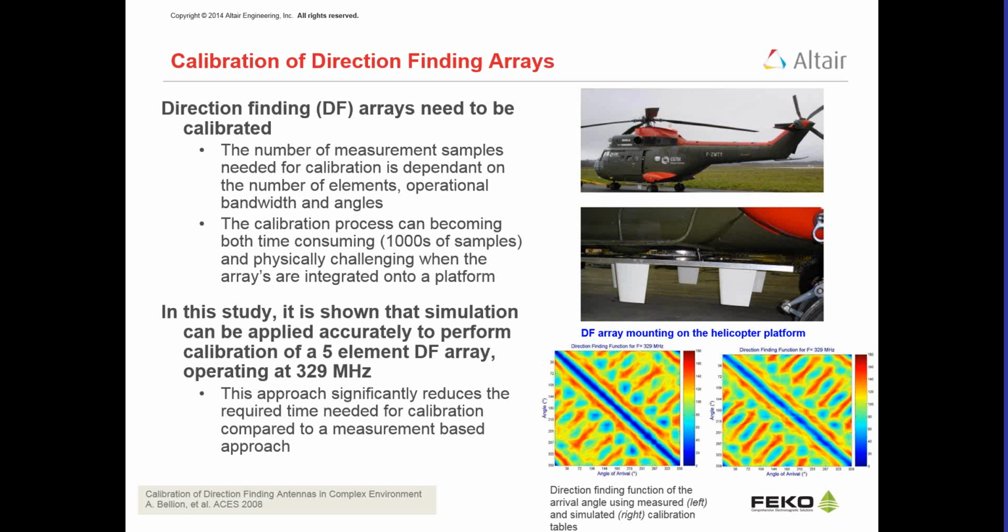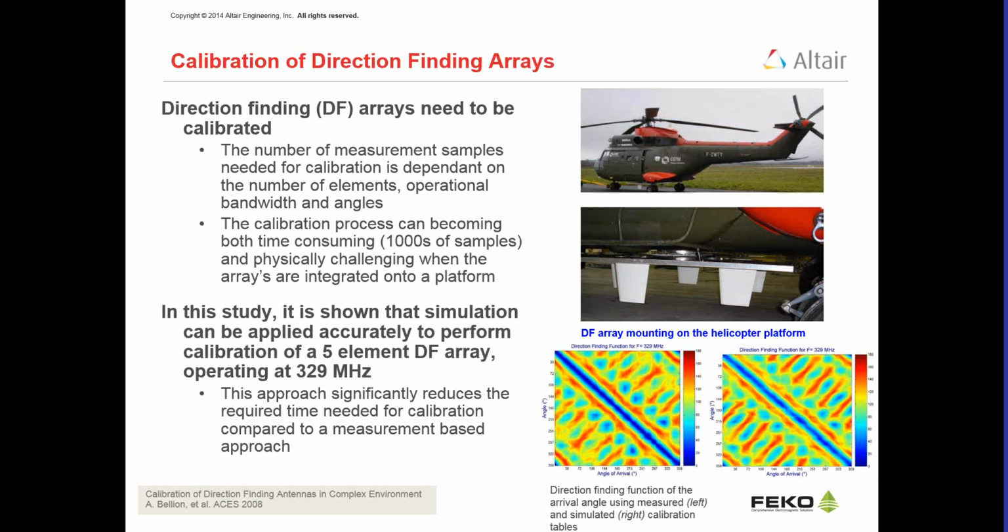The left-hand side is the measured calibration table, the right-hand side is the simulated calibration table, and you can see that there's a pretty good correlation between these two, which indicates that they may not have to do the calibration table at all frequencies using measurements. Probably they can use simulations to create the calibration table, saving a lot of time and money for the measurements.